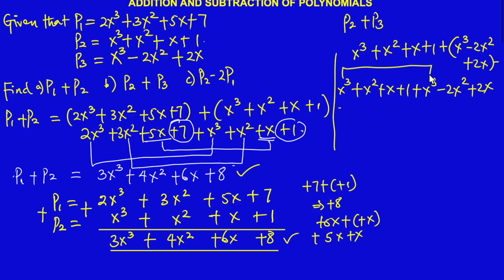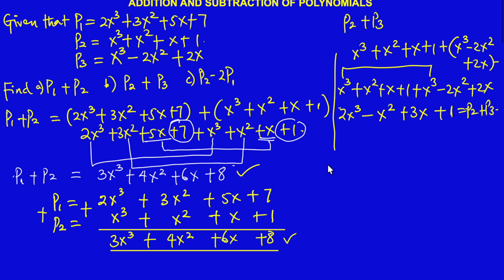So this goes with this, and then I have 2x cubed, and then x squared and a negative 2x squared, that is going to be minus x squared. Then this and this, you have 3x, and then we are left with just 1. So 1 doesn't seem to have a partner, so you have plus 1. So that's that for P2 plus P3.